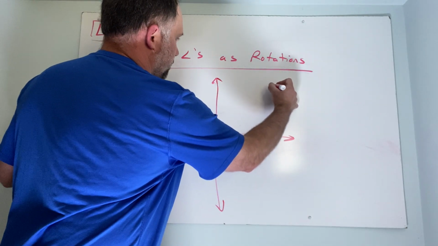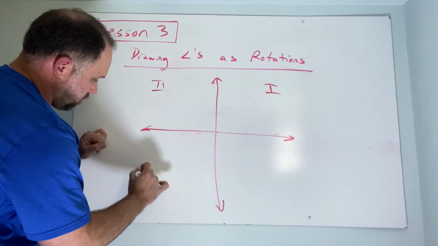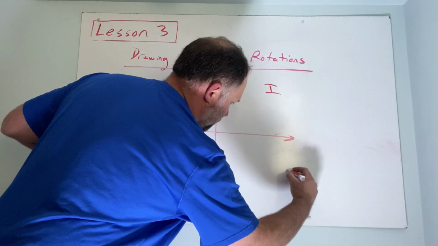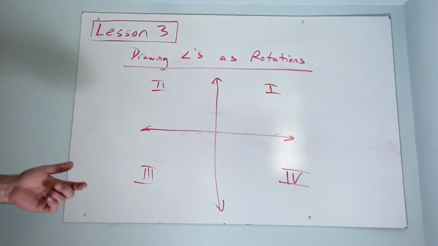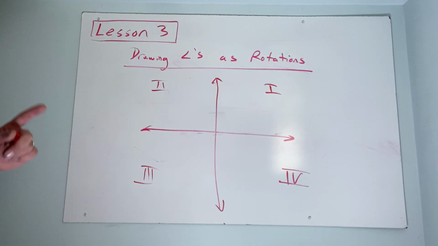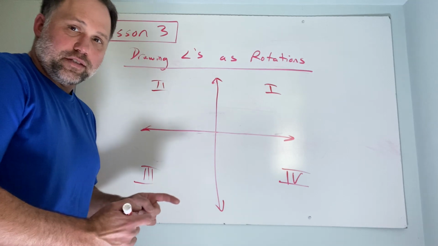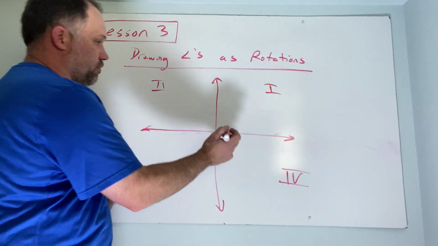You do this in geometry. This is quadrant 1. This is quadrant 2, quadrant 3, and quadrant 4. So those are your quadrants. You need to know where those are. You need to know that any angle that's positive opens in the counterclockwise direction.